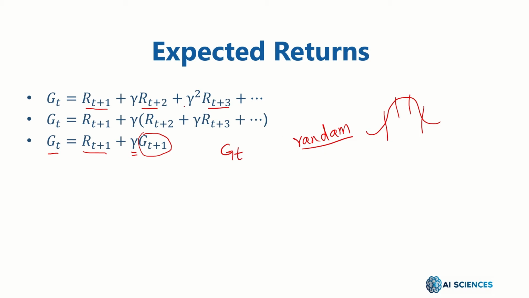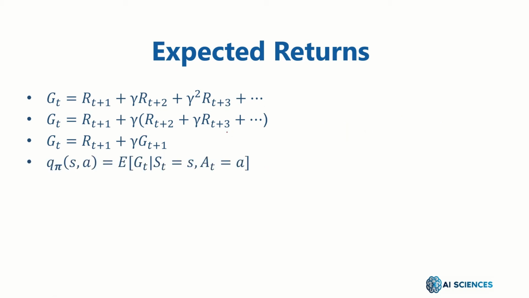Because the future rewards are random variables, the function of random variables, which is G_t, is itself a random variable. So rather than talking about return, we may talk about the expected return, which is the expected value of the random variable G_t. Here, if you're given a policy, remember the policy is a mapping from states to actions. It sometimes gives the probability that maps the state to action.